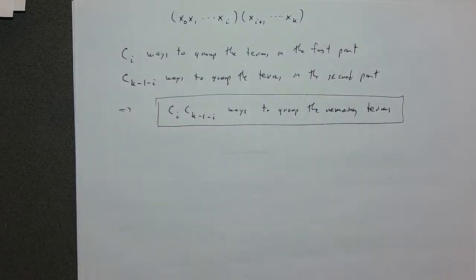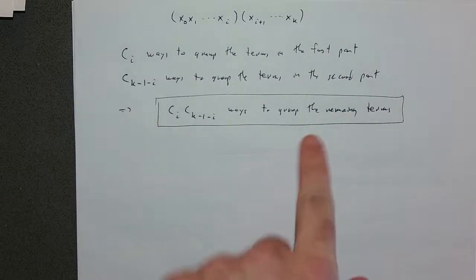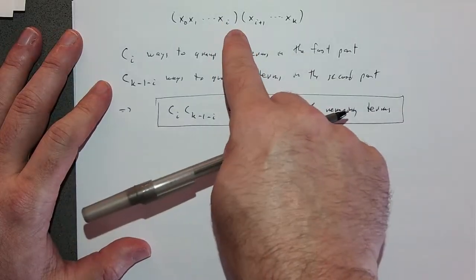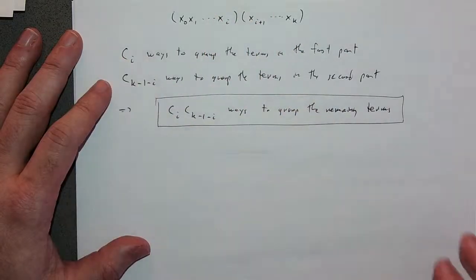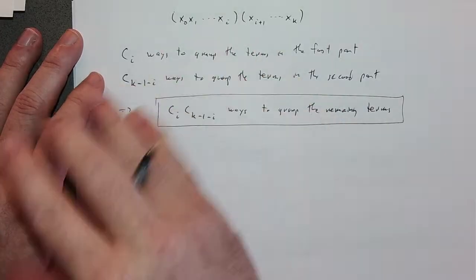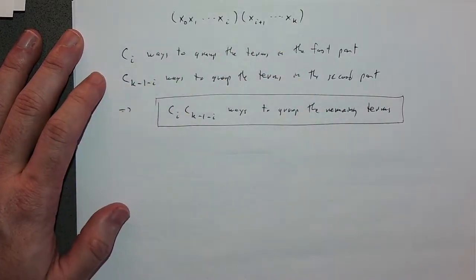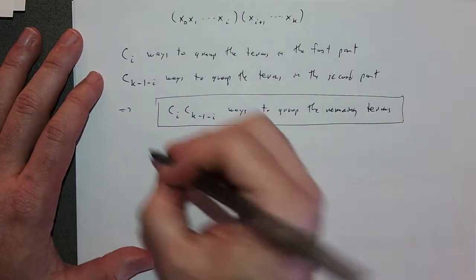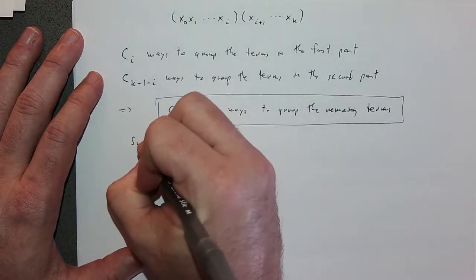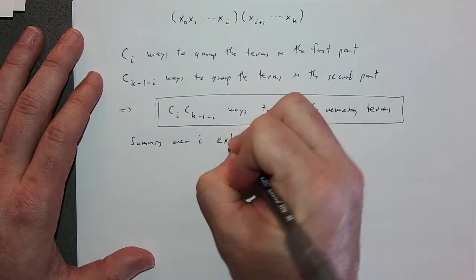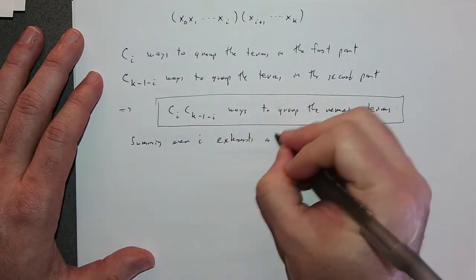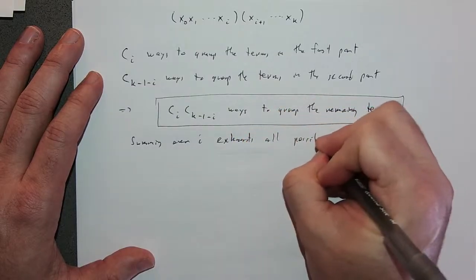Okay. Summing over the i where this cutoff happens, if we sum over this process by our sum rule, this will exhaust all of the possibilities here. And so summing over i exhausts all possibilities here.